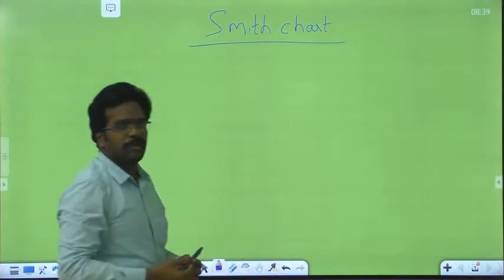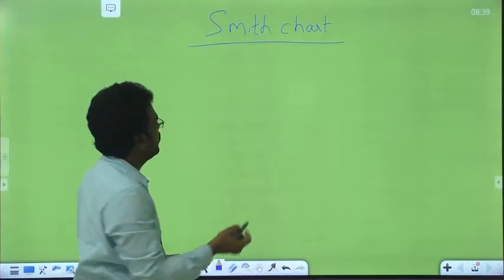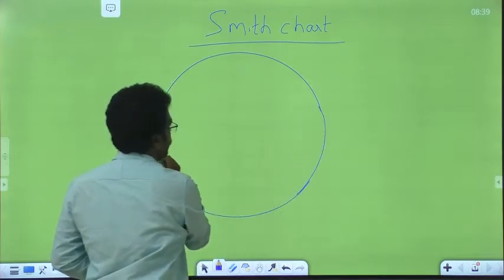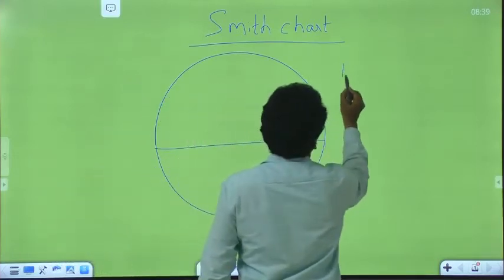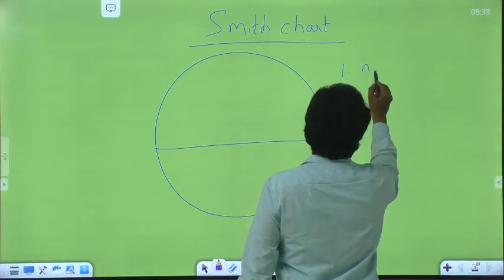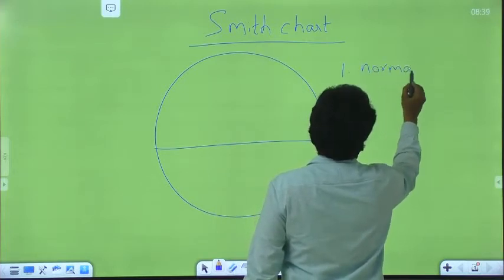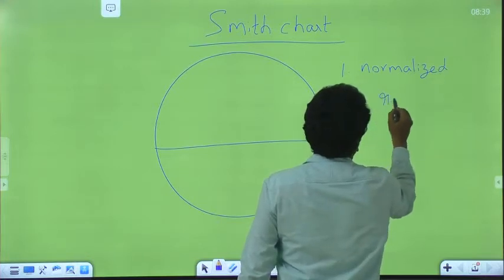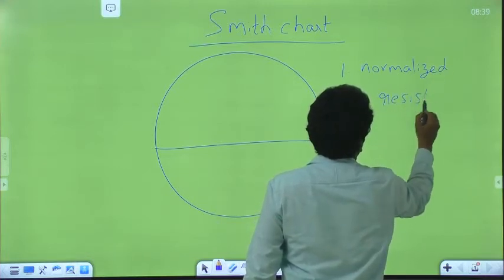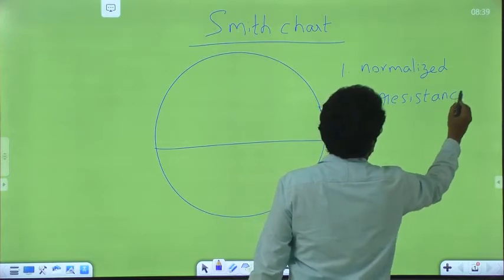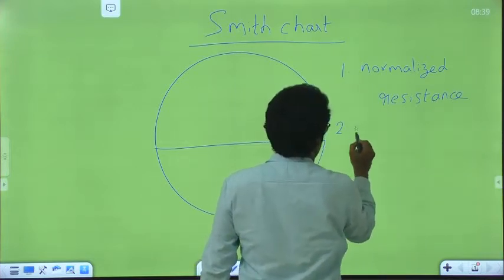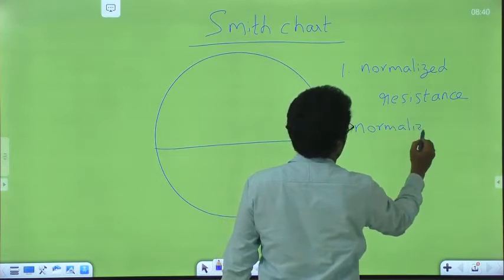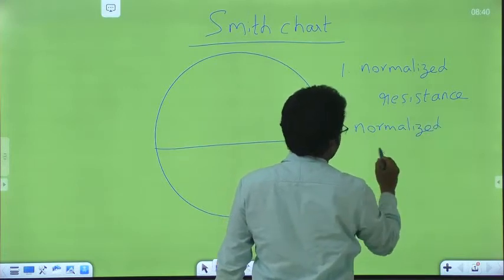Okay. So Smith chart is basically a unit circle which consists of two circles. One is the normalized resistance circle, the second one is the normalized reactance circle.